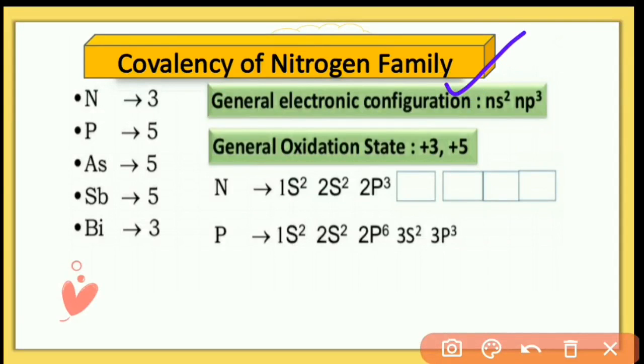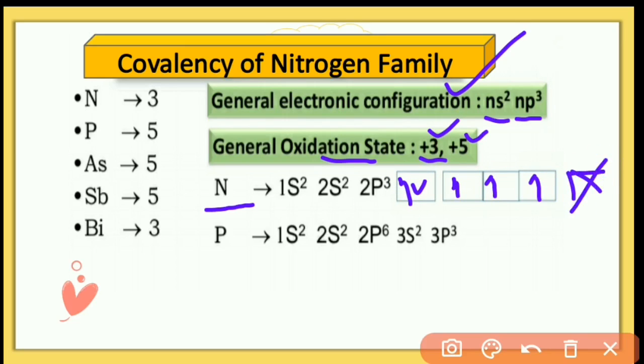Covalency of the nitrogen family: its general electronic configuration is ns2 np3, and its general oxidation states are +3 and +5. Nitrogen shows only the +3 oxidation state because of the absence of d orbitals. Nitrogen has only 3 unpaired electrons in the excited state, so it shows only +3, but phosphorus shows +3 and also +5 because phosphorus has vacant d orbitals for excitation of electrons.